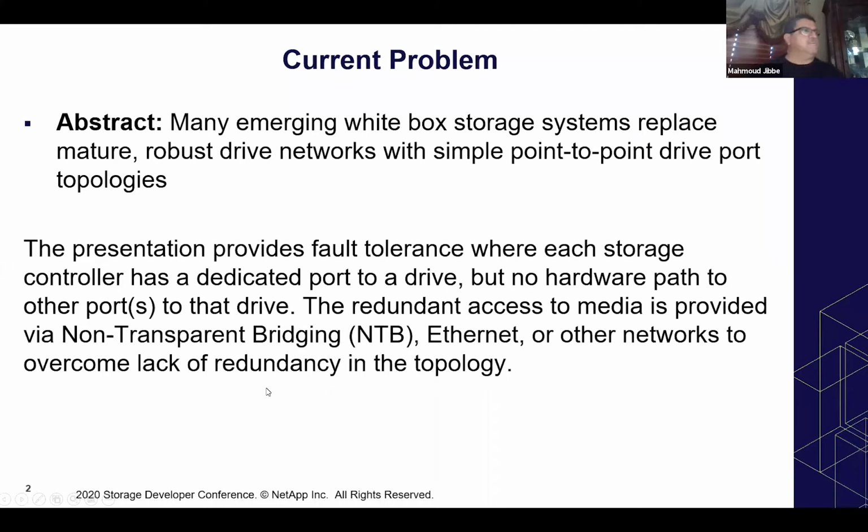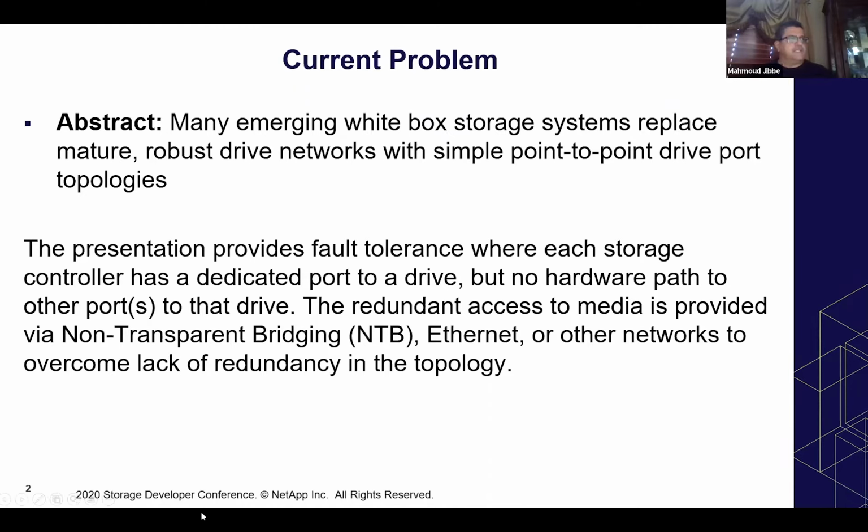So the current problem today, we have several emerging white box storage systems, which replaced mature and robust drive networks with simple point-to-point, such that all the ports on the drives have only a single port.